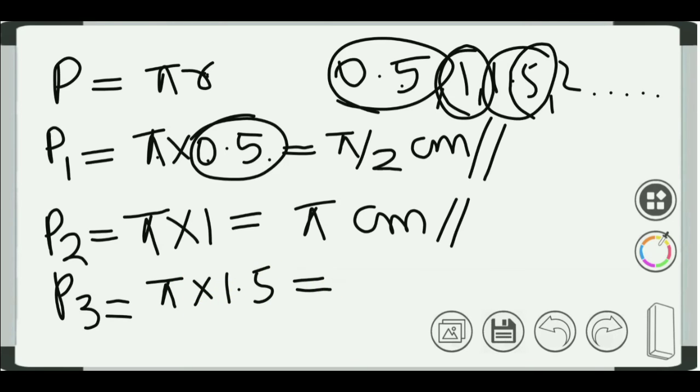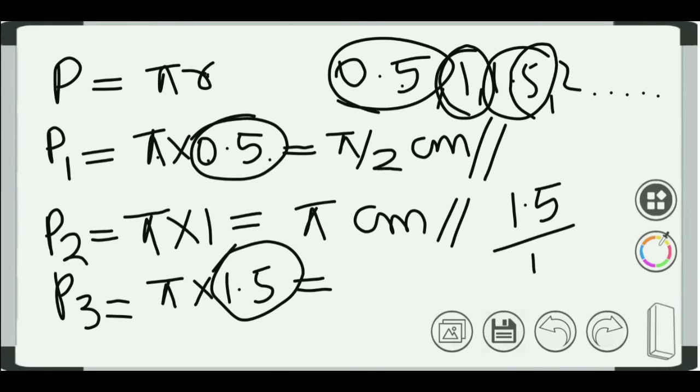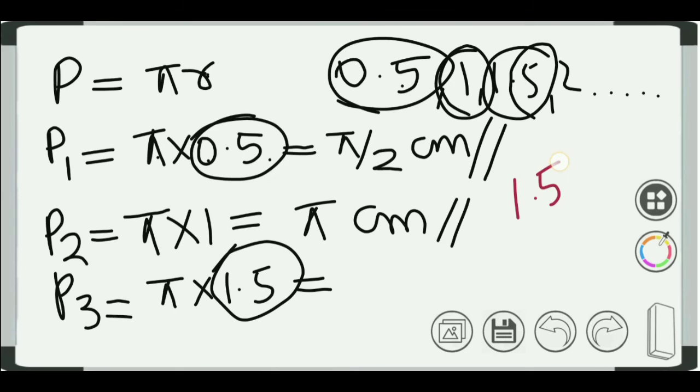This 1.5 you can write as 1.5 by 1. With 1 decimal place, multiply by 10 over 10. So you will be getting 15 by 10, right?